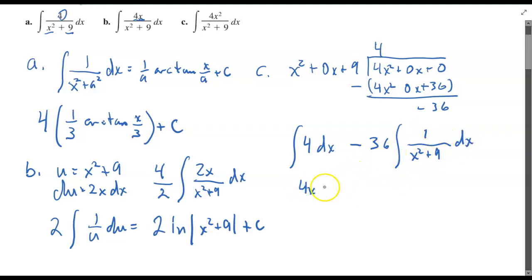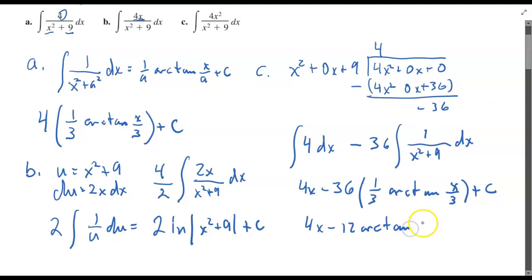This is our arctan again. I almost forgot to do the 1 over a in front, didn't I? So I get 4x minus 12 arctan of x over 3 plus c. 3 similar looking problems, 3 very different answers.